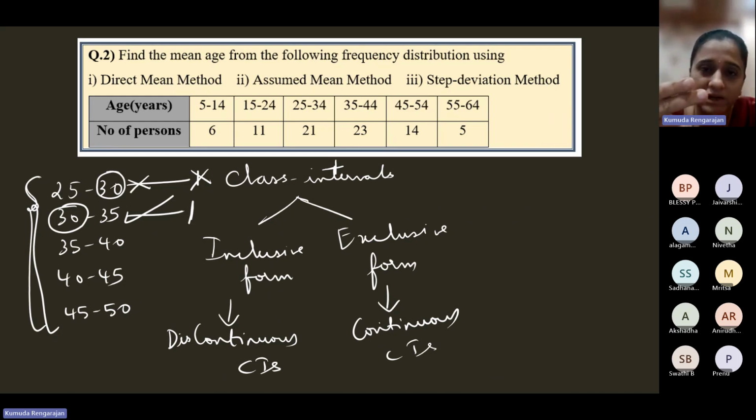If the upper limit is not included in the same class interval, that means it's excluded from that class interval. So it belongs to the next class interval. That is exclusive form. So if the class intervals are of exclusive form, they are continuous. If they are of inclusive form, they are not continuous.